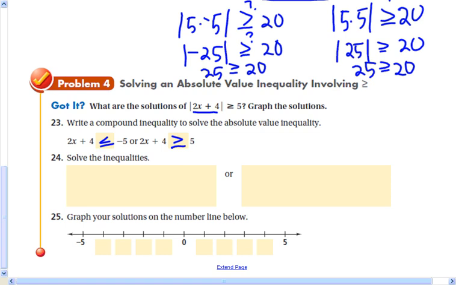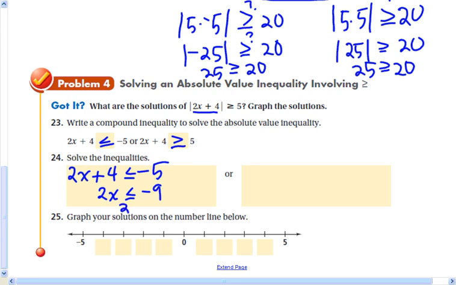Okay, so we're going to solve these inequalities. So 2x plus 4 is less than or equal to negative 5. Subtract 4 from both sides, and we get 2x is less than or equal to negative 9.